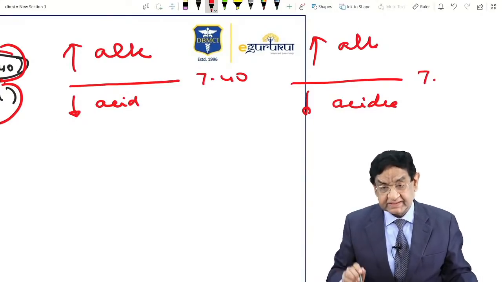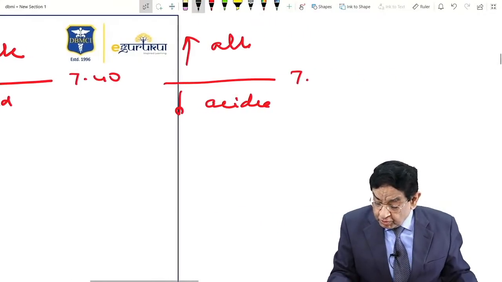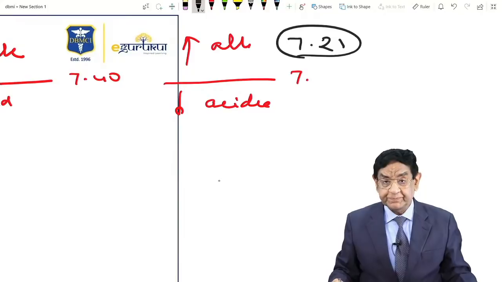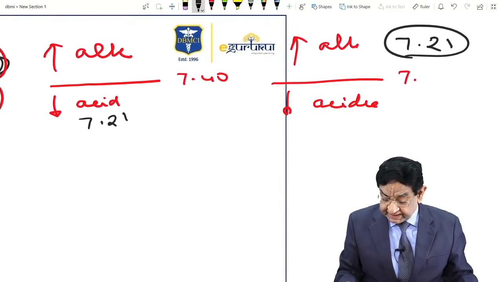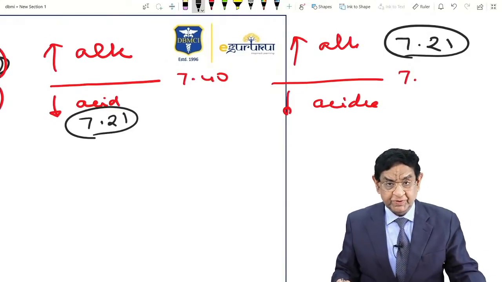This is in the medical sciences. As far as school physics and chemistry is concerned, 7.21 is alkaline. But as for medical sciences, 7.21 is acidic. This confusion should be removed.